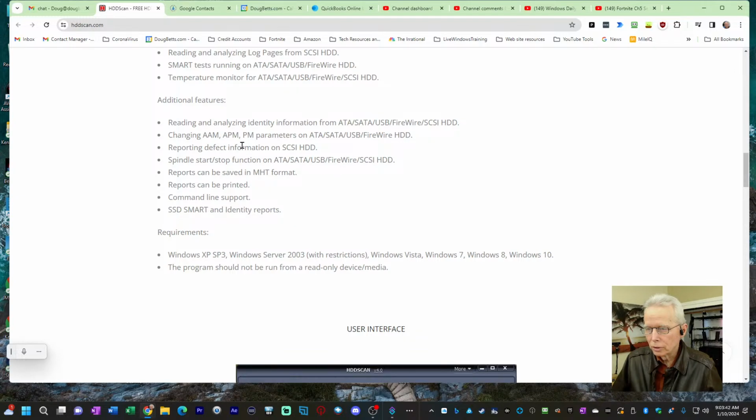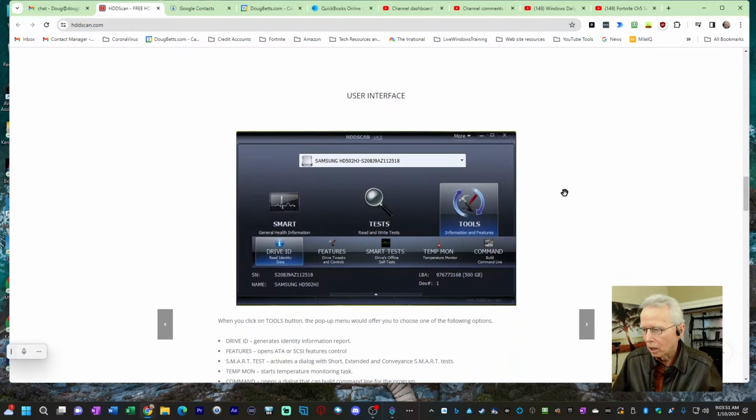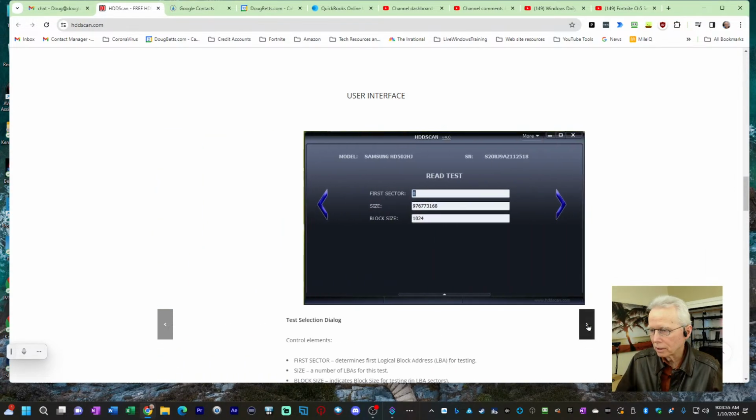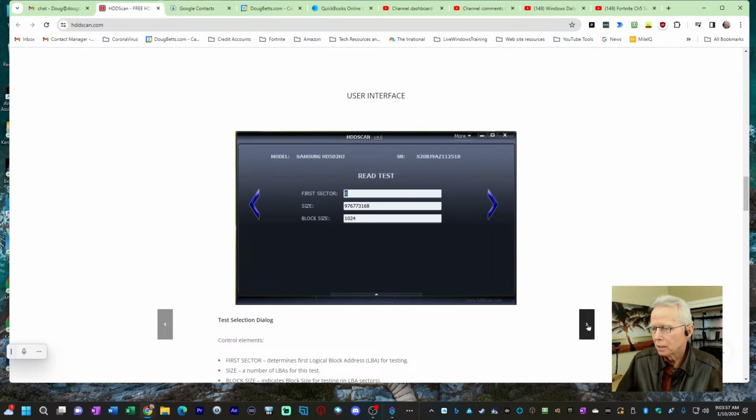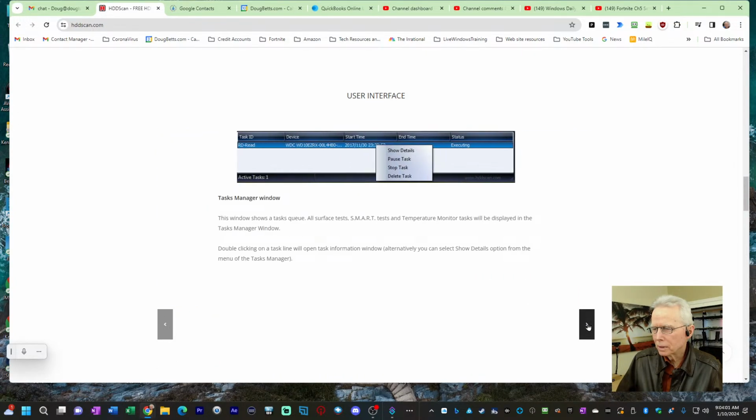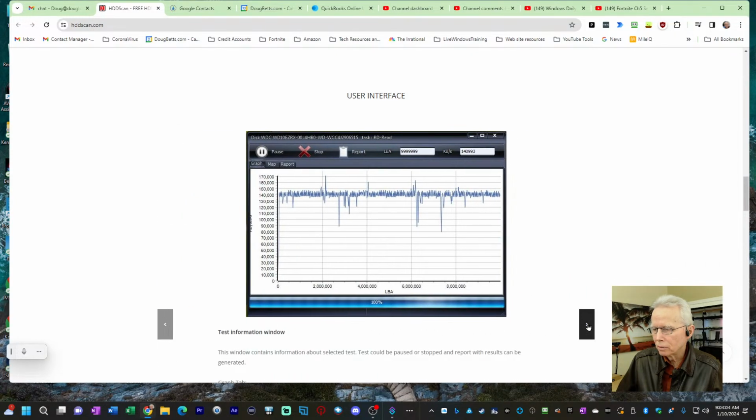Additional features: reading and analyzing identity information, changing spindle stop, start, whatever. Oh, here's a bunch of screenshots. These arrows down here can click to go to the next one. I think this is going to be showing us what the test actually looks like while it's running.